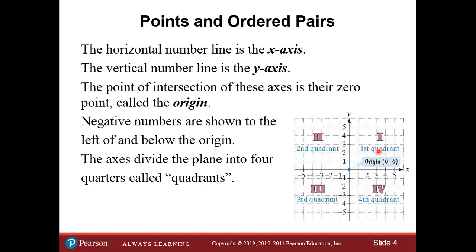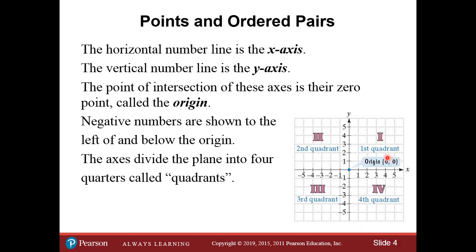You can also determine what quadrant a point is located in just by knowing the sign of each coordinate, because in the first quadrant both the x and y coordinates are positive.